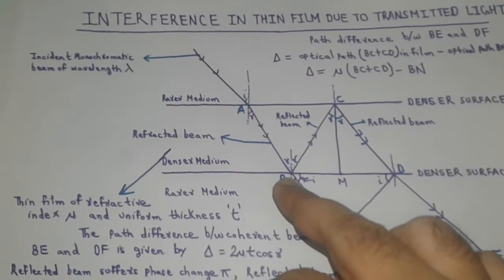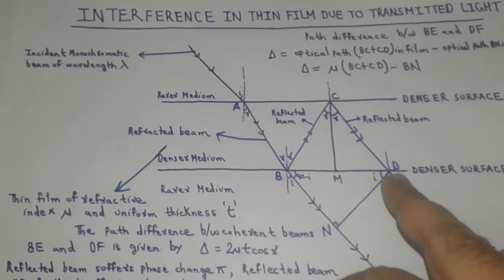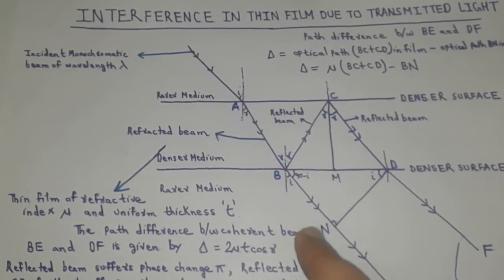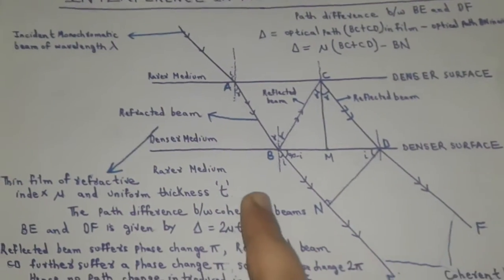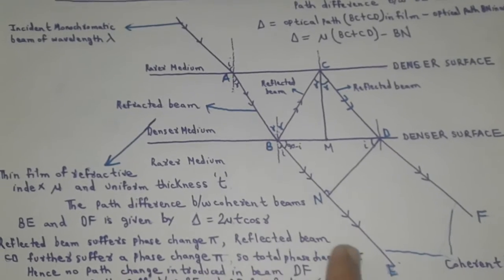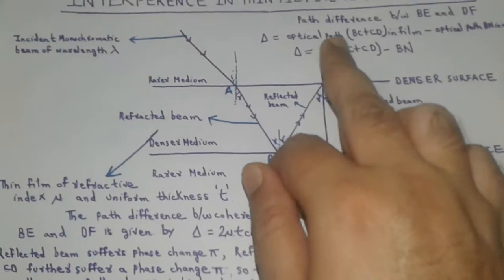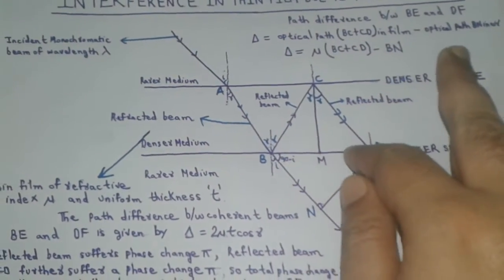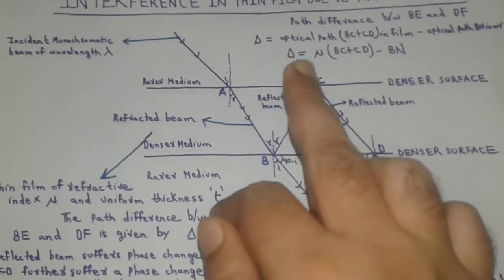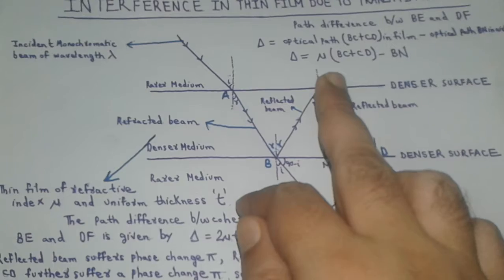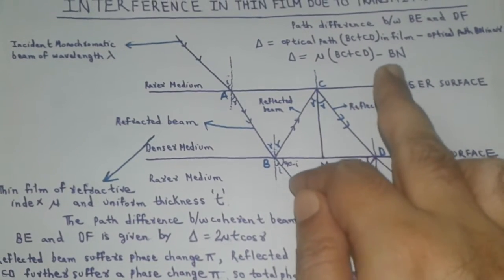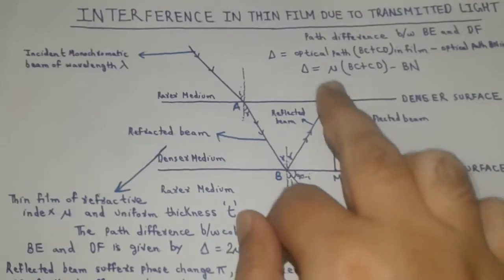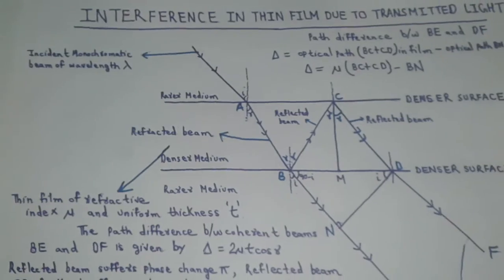When the reflected beam travels a distance BC plus CD in film, the transmitted beam travels a distance BN in air. Hence, the optical path difference between coherent beams BE and DF is given as optical path BC plus CD in film minus optical path BN in air, which can be further written as delta equal to mu times (BC plus CD) minus BN, because for air the refractive index is 1 and for film the refractive index is mu.